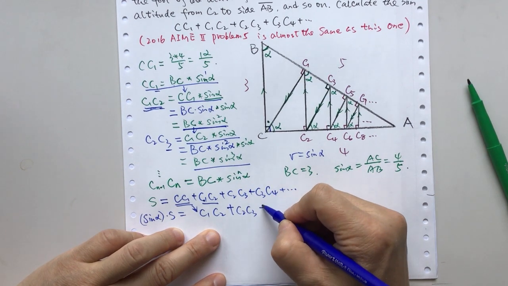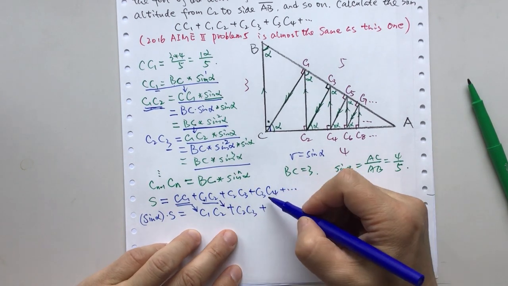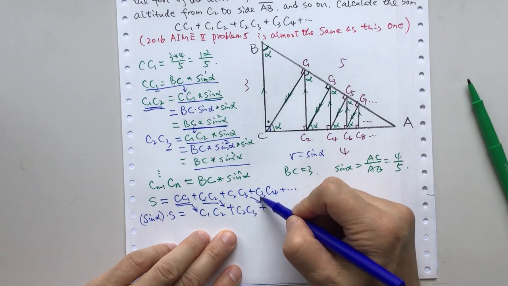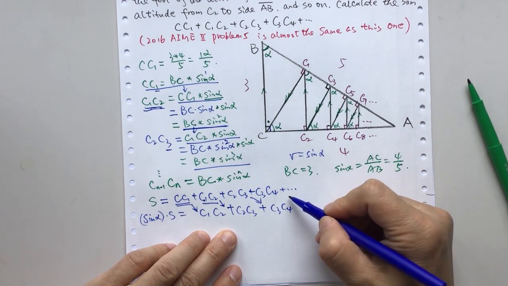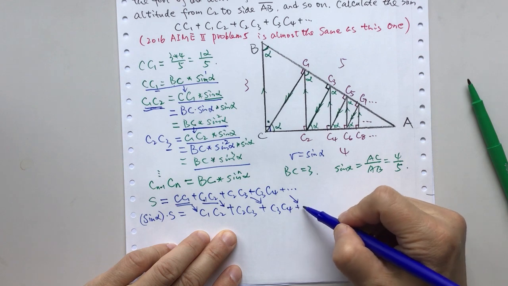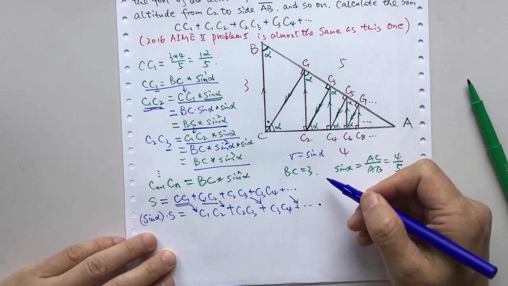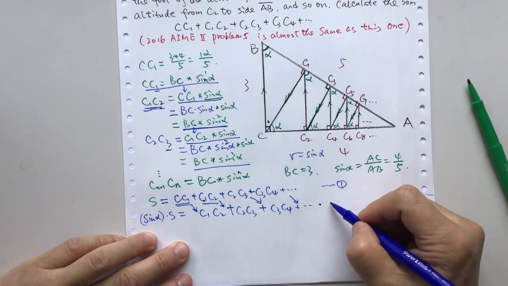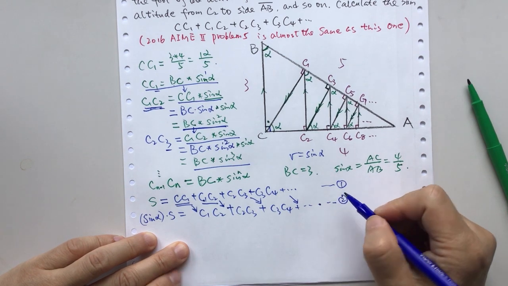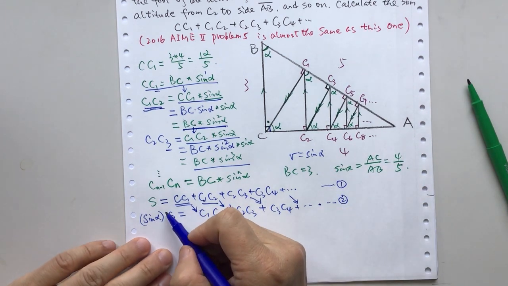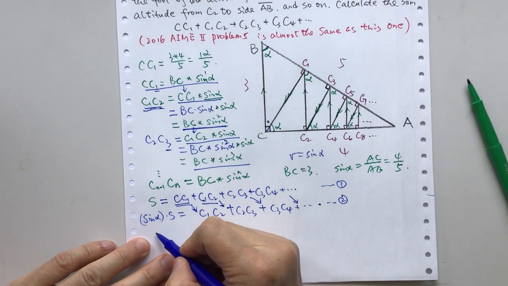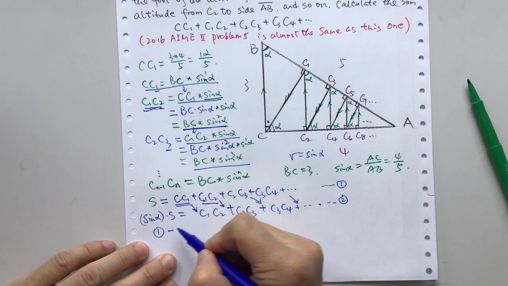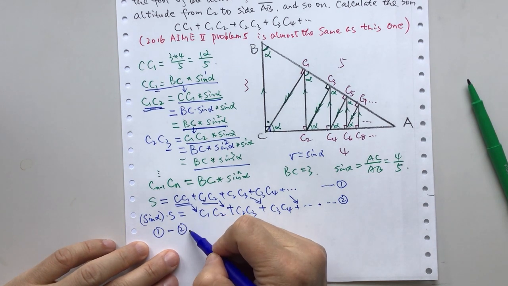We know this here, times sine alpha, C3C4 is the same thing for all of them. Now, if I say this is equation 1, this is equation 2, then we wanted to find the S, we can use equation 1 minus equation 2, right?